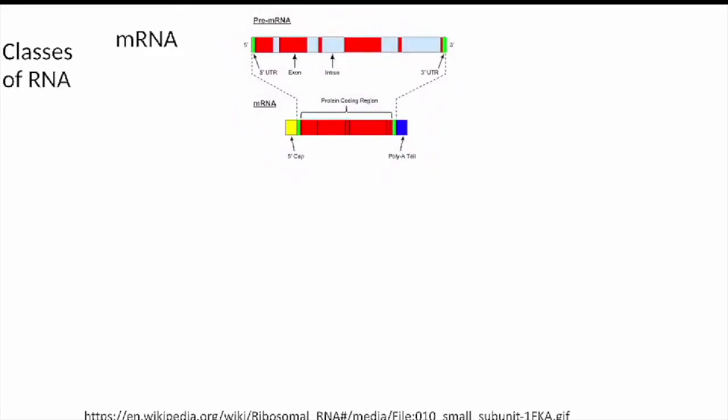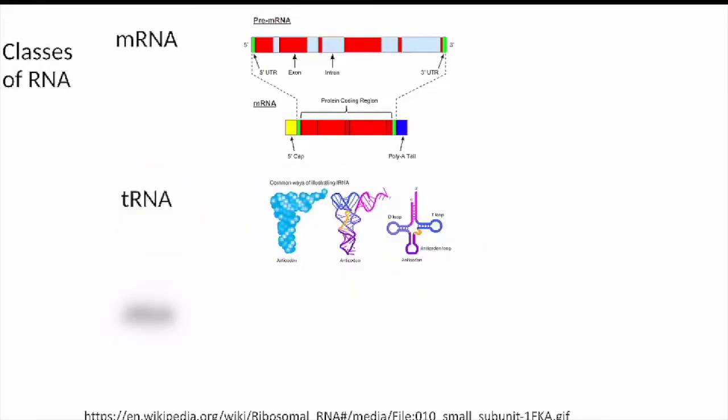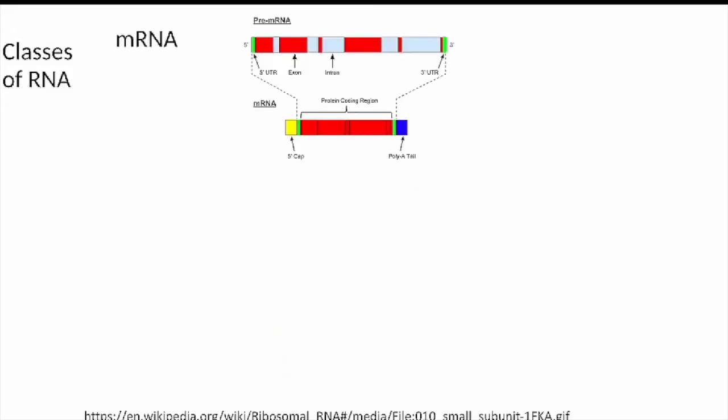And this image is showing you kind of the two types of mRNA. We're going to talk a lot more, in multiple layers of lectures, about what pre-mRNA is and what mRNA is.